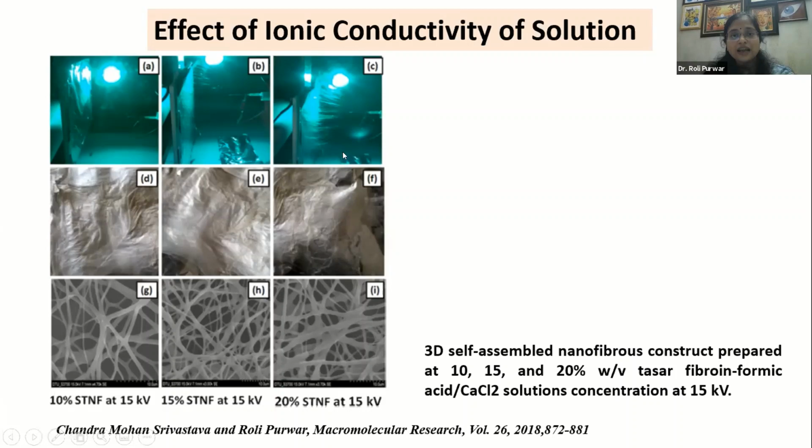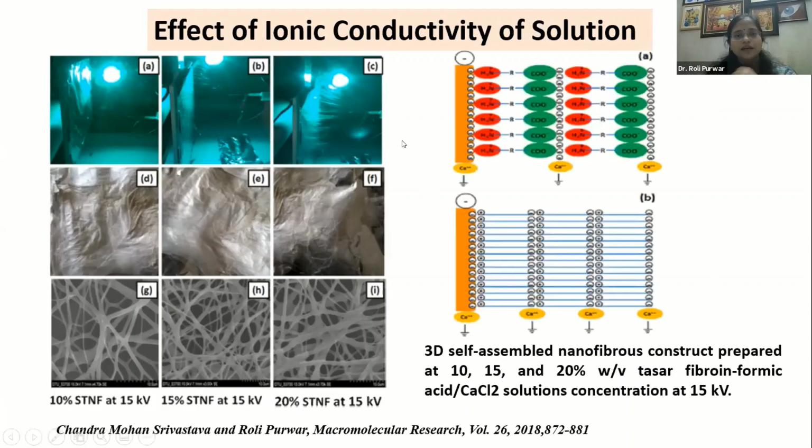This is the beauty of it: if we have some kind of ionic conductivity, they produce nano web structures which can assemble themselves. So we have got that ionic conductivity has a good effect, and we can generate this 3D kind of structure using the electrospinning process.